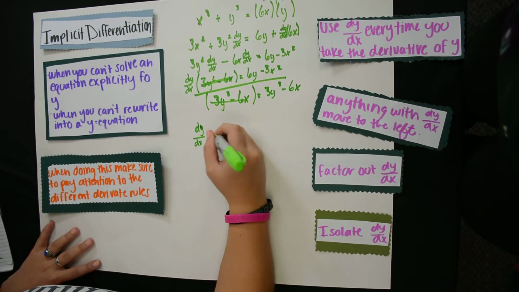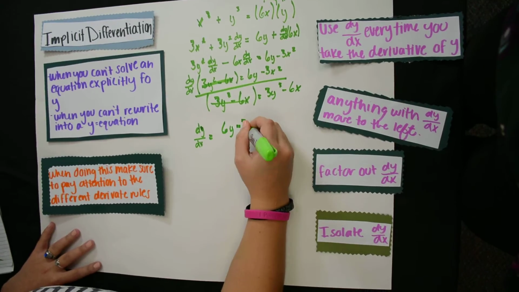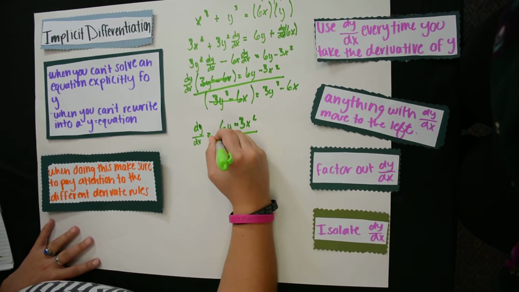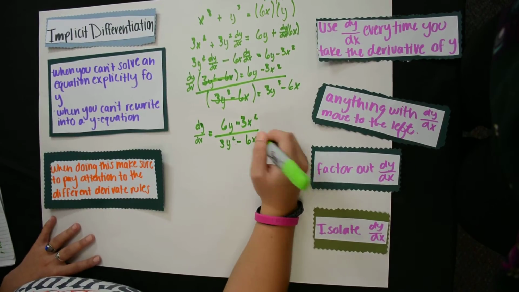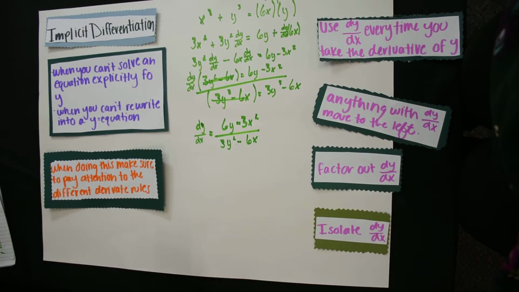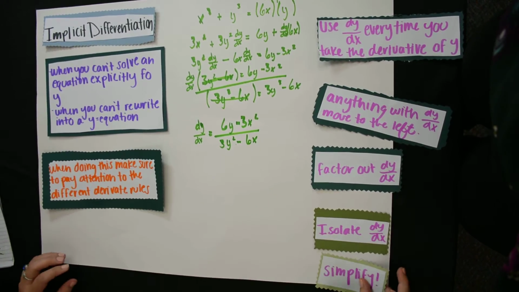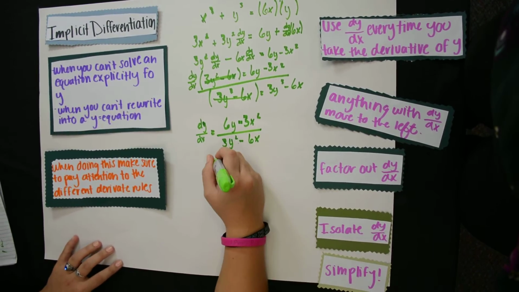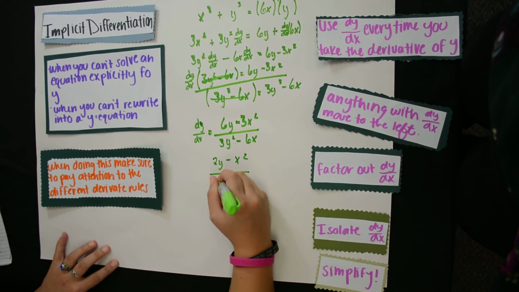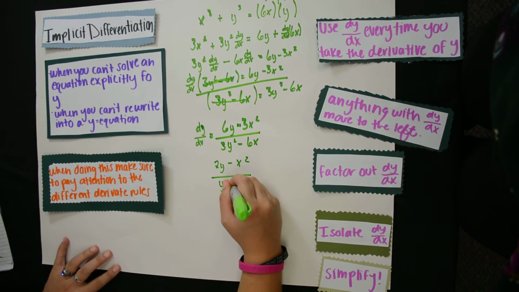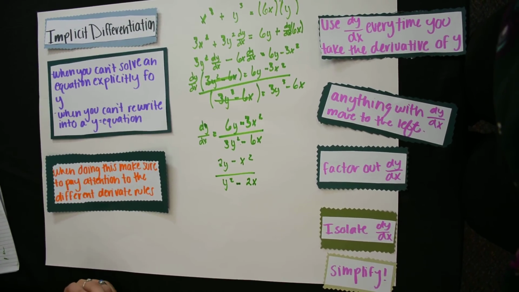So it's going to turn into 6y minus 3x squared over 3y squared minus 6x. Now you just simplify, and that comes down to 2y minus x squared over y squared minus 2x. Here we go.